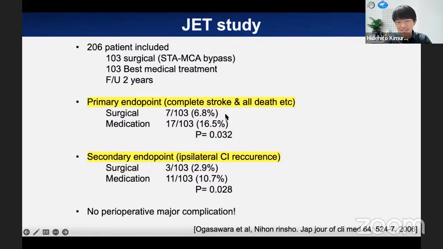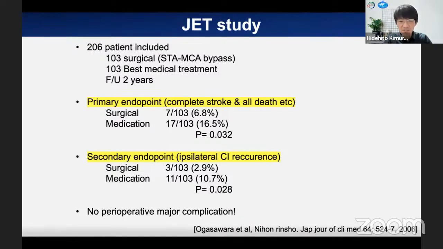This difference was statistically significant. The secondary endpoint was ipsilateral cerebral infarction recurrence. In the surgical group only 3 patients had recurrence of ipsilateral cerebral infarction, whereas in the best medical treatment group 11 patients suffered ipsilateral cerebral infarction within 2 years. You can see the difference is statistically different.